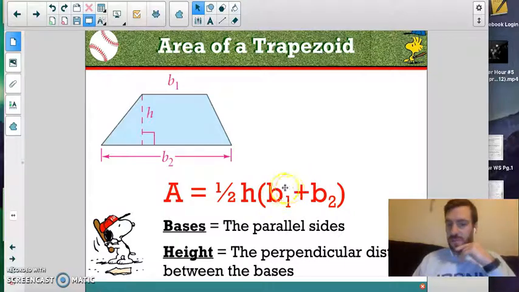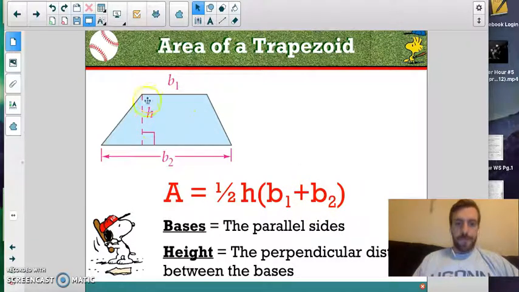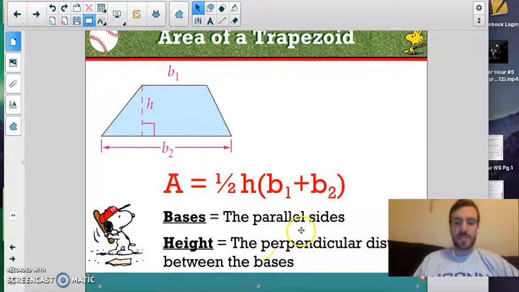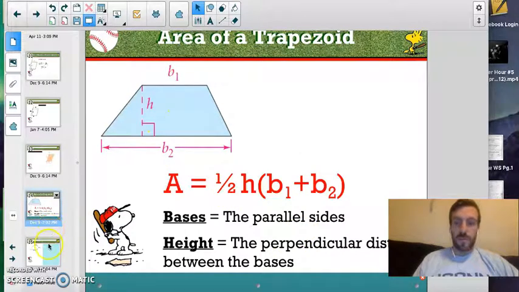This is a little more confusing. 1/2 times the height times the base plus this base. So we have a rectangle and 2 triangles. So that's our 1/2 and our base, and then our B1 and our B2. Like I said, parallel sides. The height has to be perpendicular to one of the bases, to both the bases.